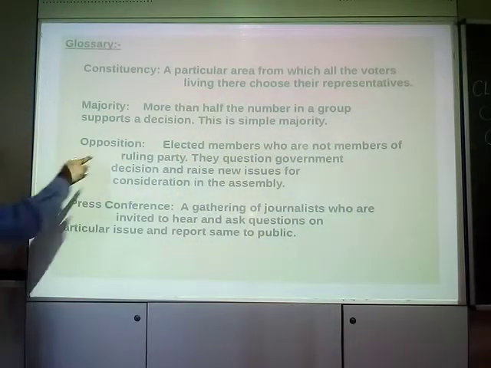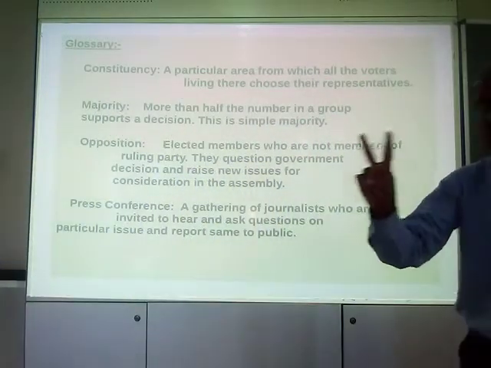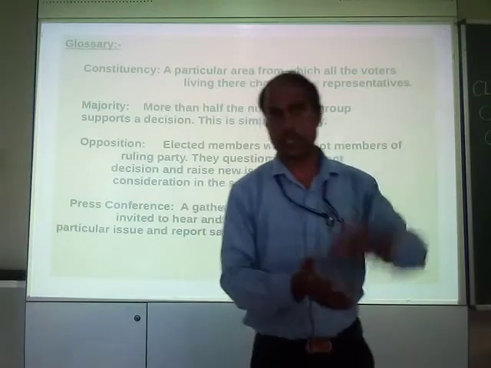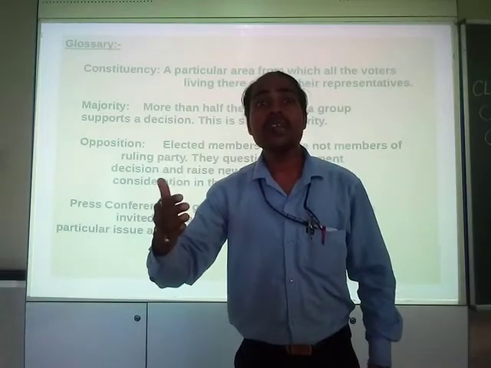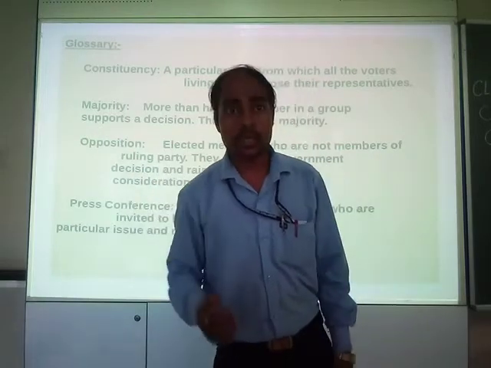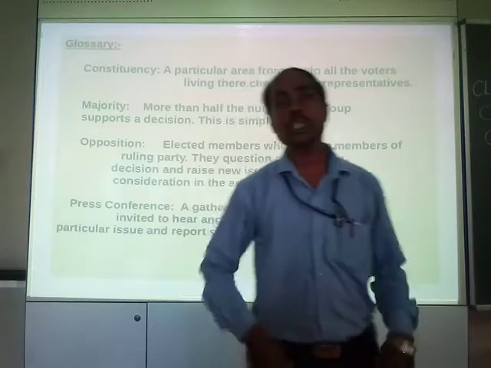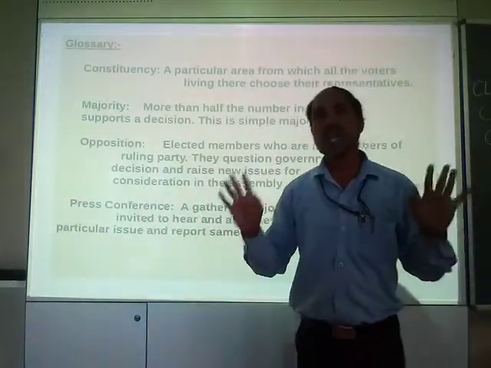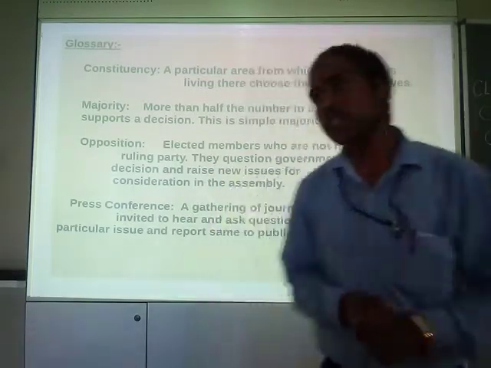Okay, now another term is opposition. There are two kinds of party, ruling party and opposition party. Ruling party is the party which is ruling, the party which has won, right? And the opposition party is the one which is not ruling. The party that has lost forms the opposition.